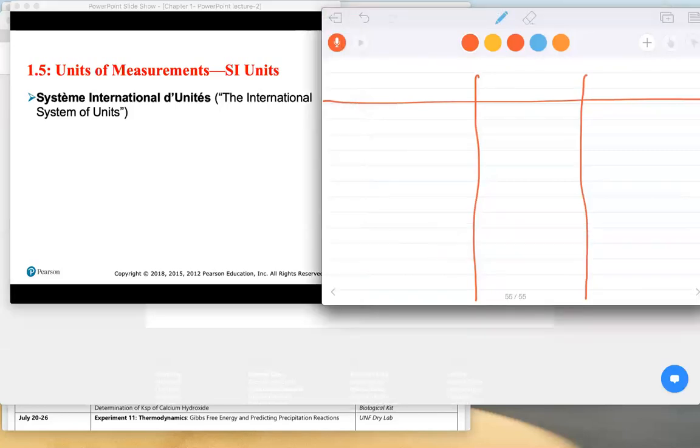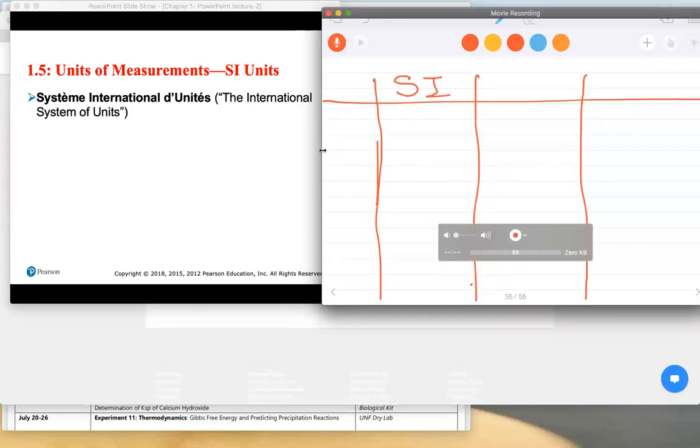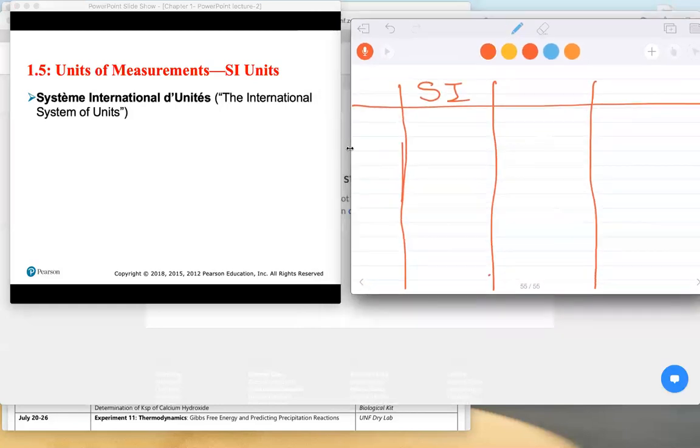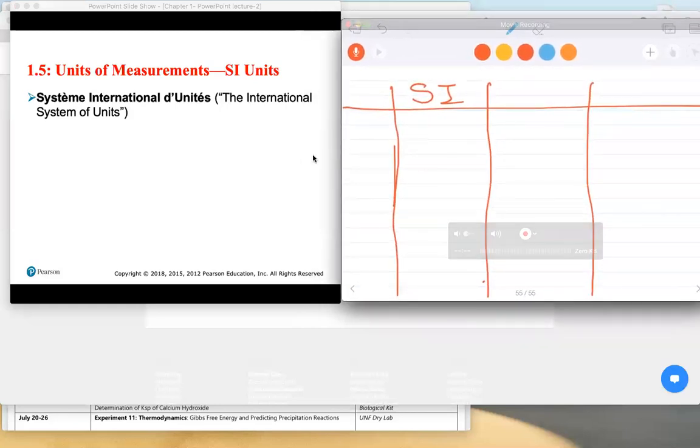We have what we call the SI, which you see on the screen, that stands for System International. It was derived by scientists, where international means worldwide.